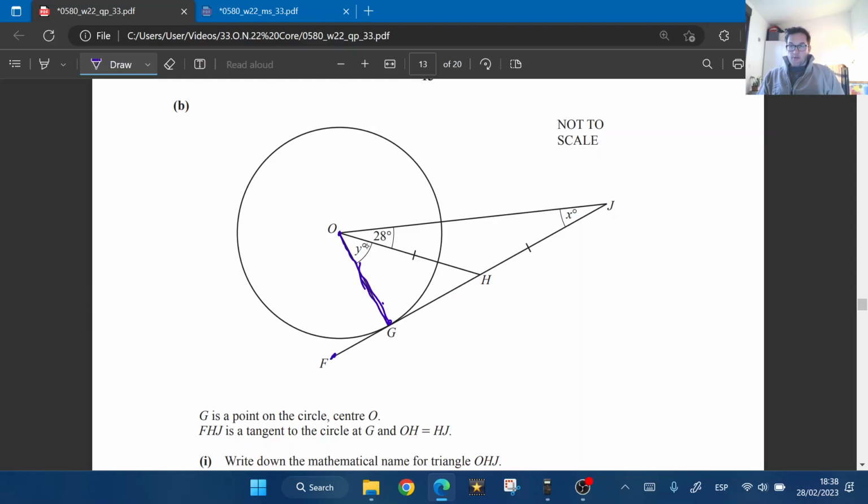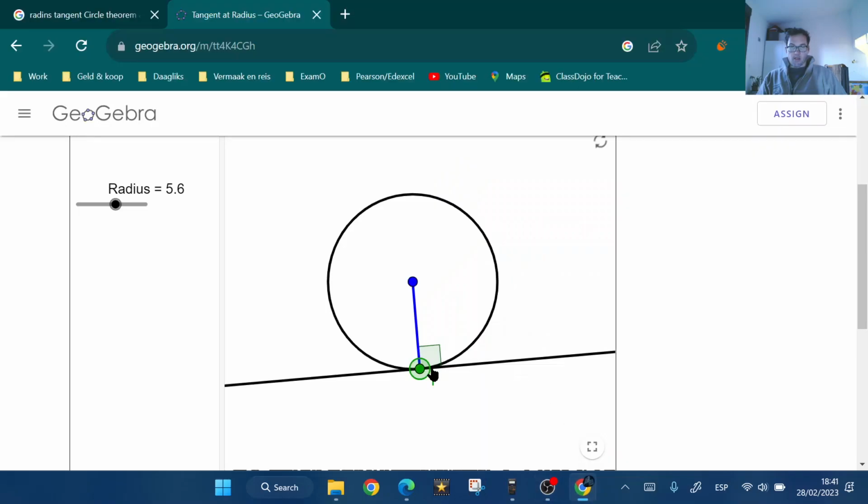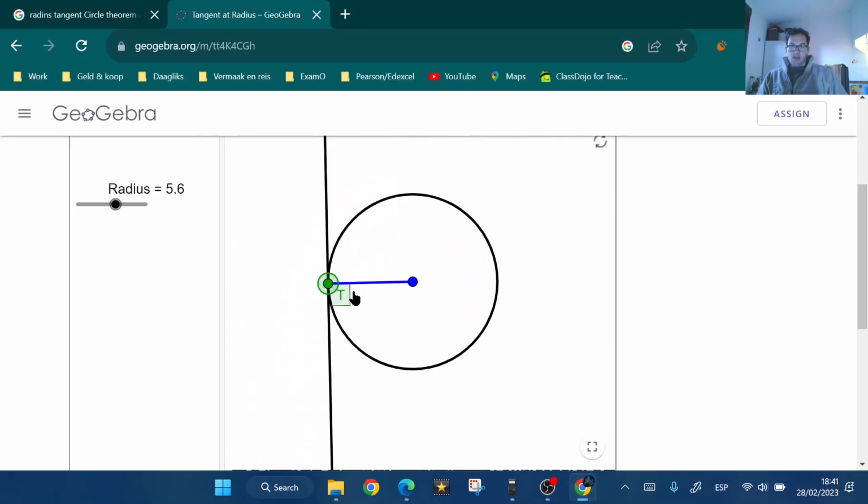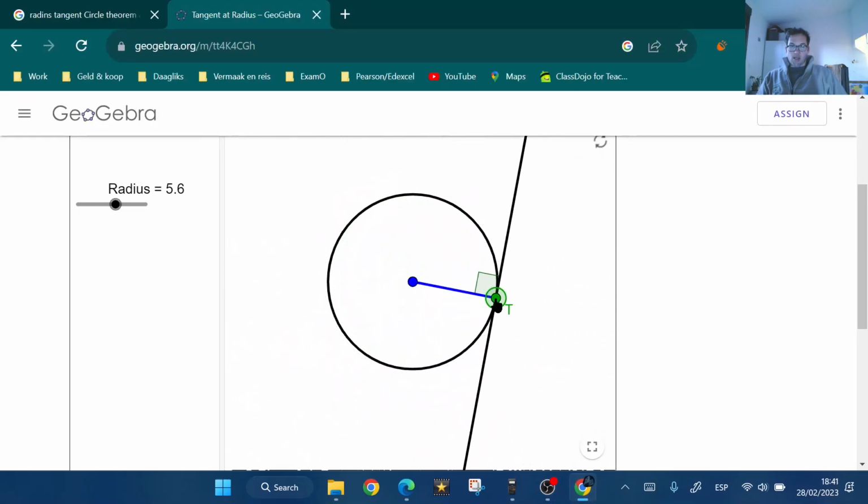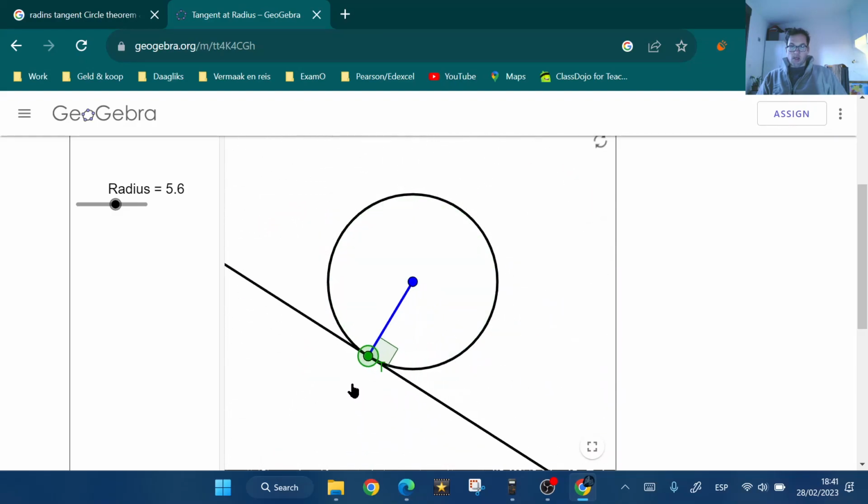FHJ, there's F, there's H, there's J, is a tangent to the circle G. So it means this is a tangent. So immediately you remember that circle theorem. What does that circle theorem say? It says that the radius and a tangent always meet at 90 degrees.